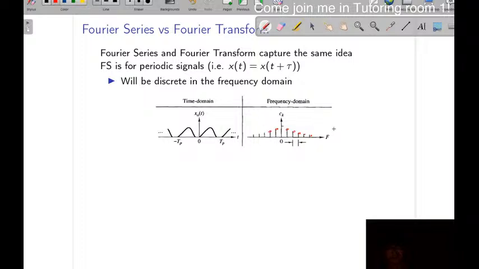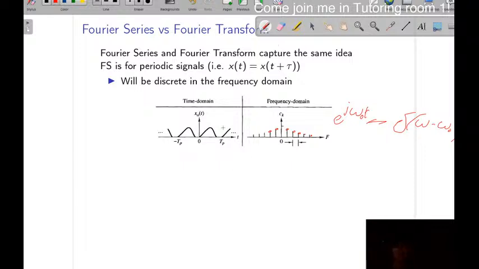Just remember that the Fourier transform of a complex exponential e to the j omega naught t is going to be a delta function that's shifted over, so omega minus omega naught. You can get that from the time shift property, but I'm going to go over some of the common transform pairs before we start going over some computational examples.